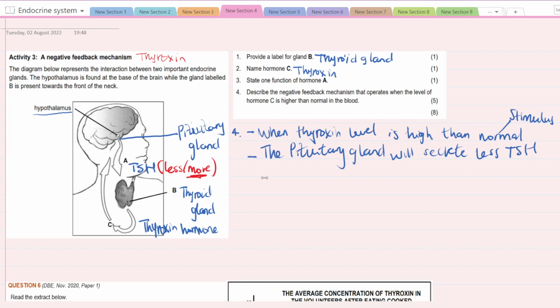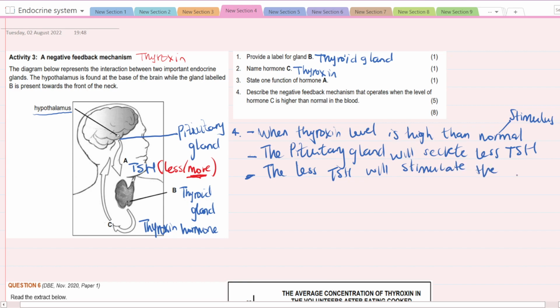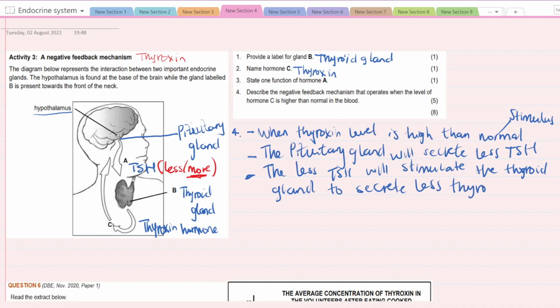So the pituitary gland will secrete less TSH, then the less TSH will stimulate the thyroid gland to secrete less thyroxin, and thus thyroxin levels decrease back to normal, right? So that is 5 marks there.